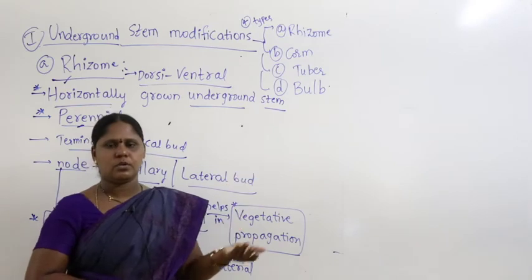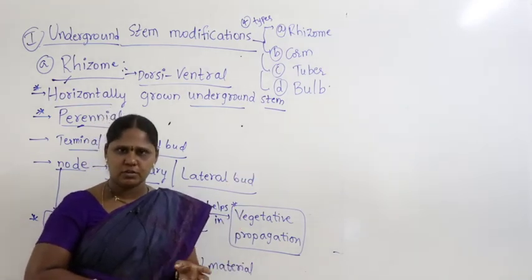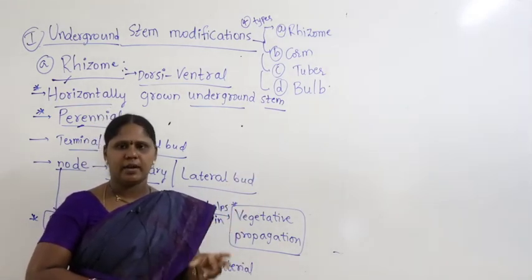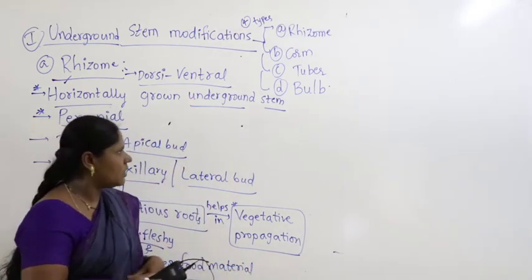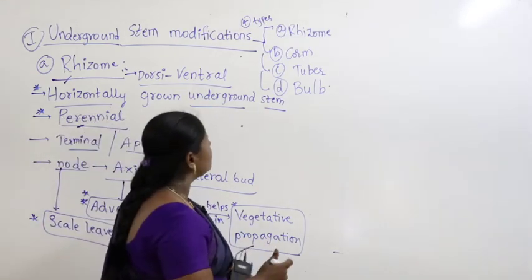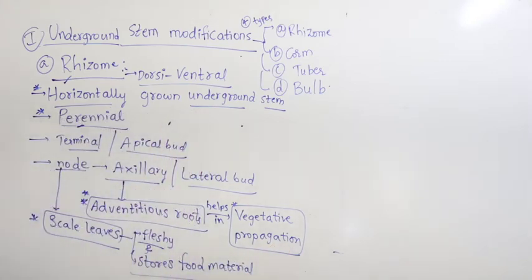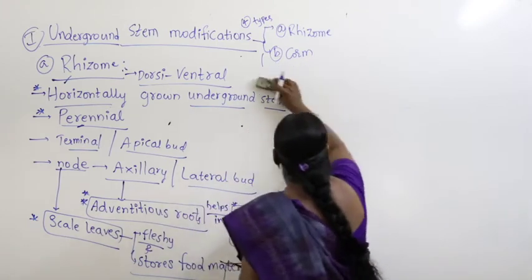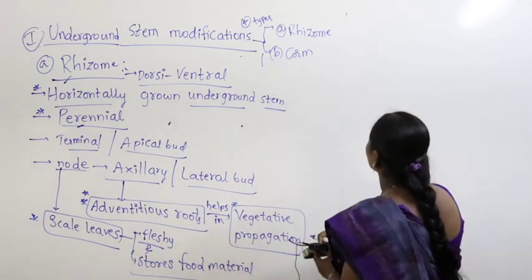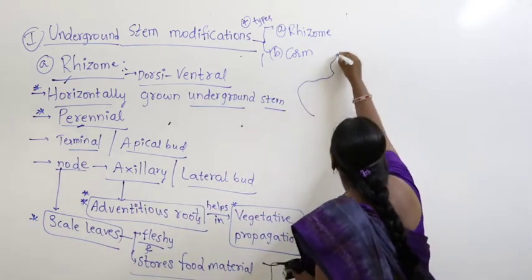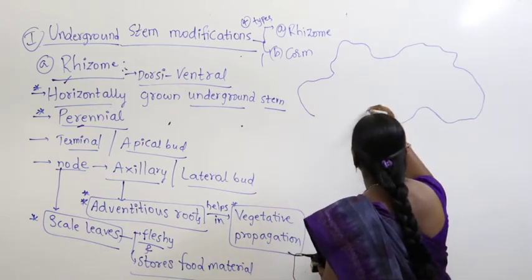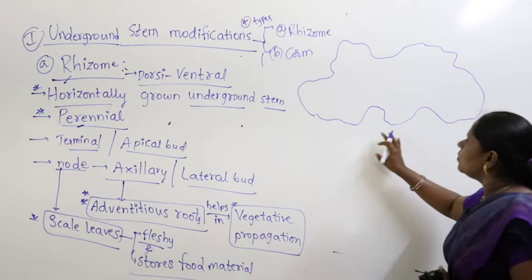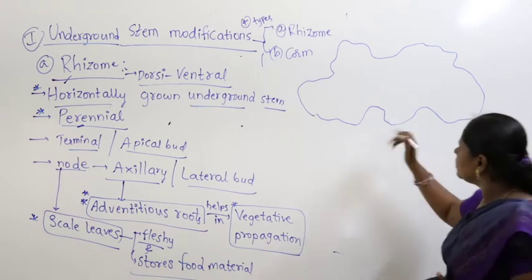Most commonly, in everybody's house we find ginger. Now take the ginger in your hand and observe carefully the parts I am going to tell you. I am just drawing here. What I have drawn here is nothing but ginger.